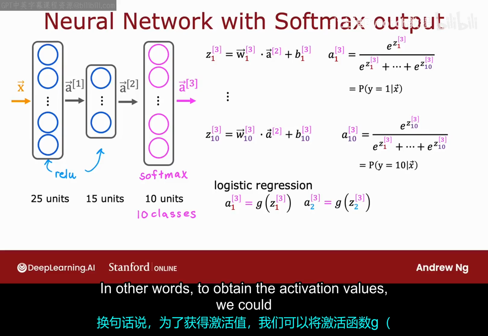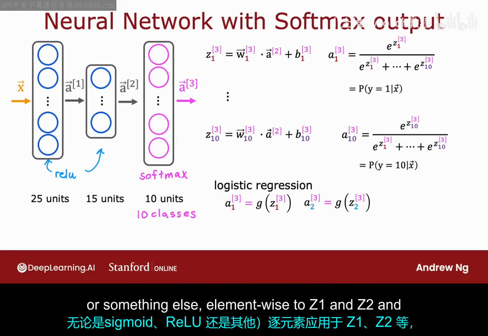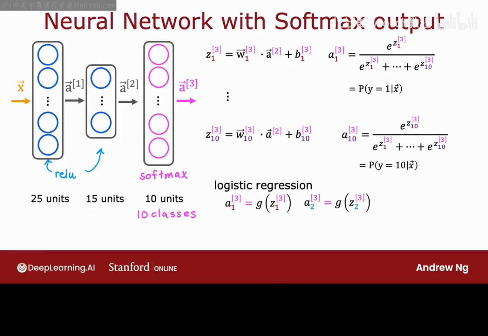In other words, to obtain the activation values, we could apply the activation function G, be it sigmoid or ReLU or something else, element-wise to Z1 and Z2 and so on to get A1 and A2 and A3 and A4.